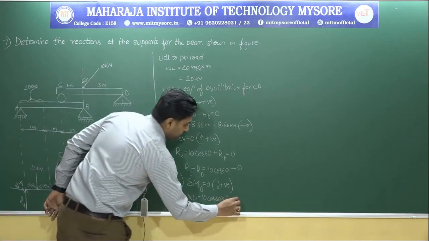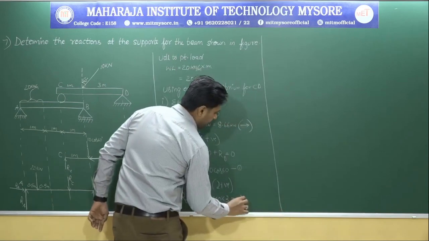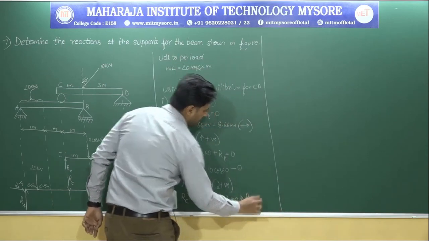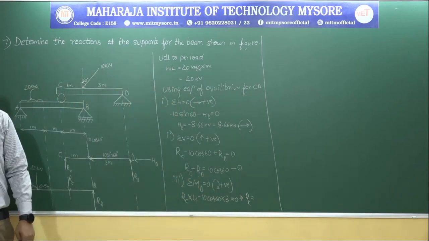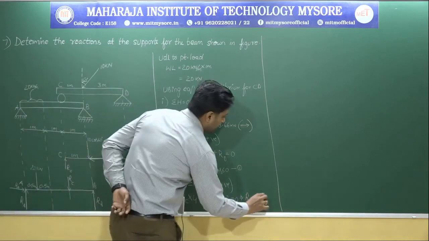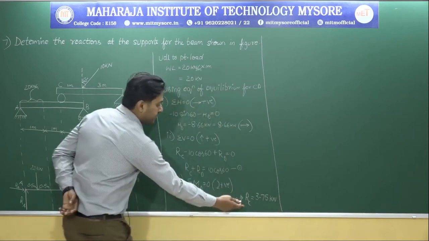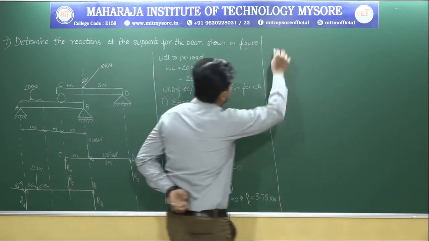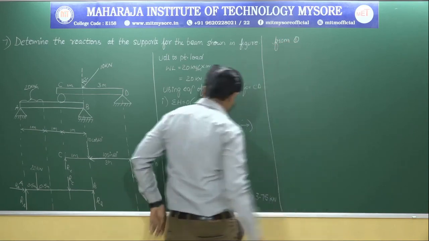So finally, what we get is the value of RC is 3.75 kilonewton. Now substituting RC value in equation 1.